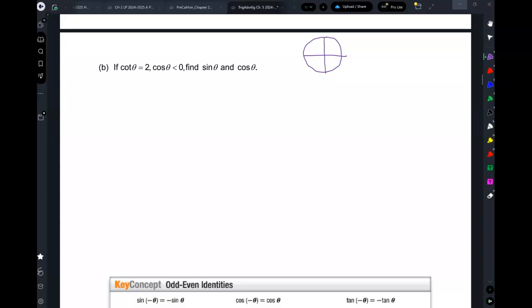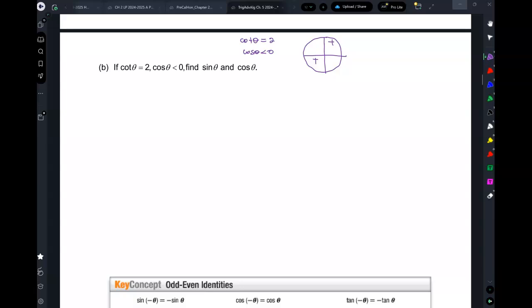Okay, so cotangent is 2. So cotangent is positive. Cotangent is like tangent. It's positive here and here. Cosine is less than 0.